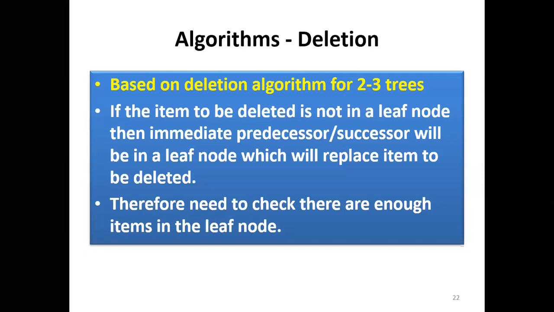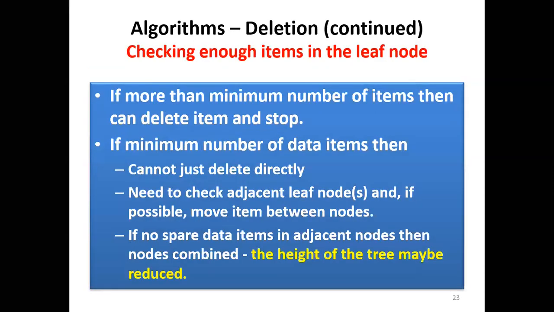If the data is in the leaf node, we check that there are enough data items in the leaf node. If the leaf node where we want to delete has more than the minimum number of data items, then we can delete the data and we do not need to perform any other operation.